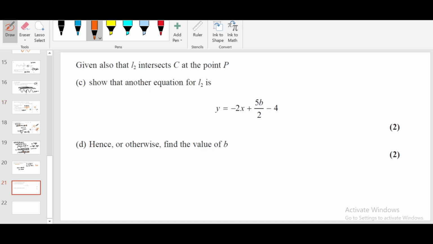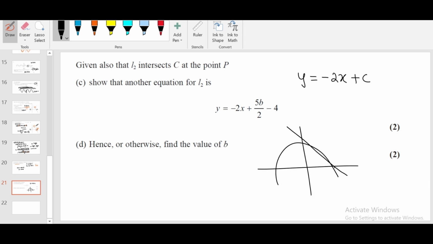Okay. They want us to write the equation of L2 in this form. We have the equation of L2 as minus 2x plus c initially, and we used the point where the line intersects the x-axis, b comma 0. Instead of this point, you can use the point P. We got the coordinates of P in part A, I guess: b minus 2 comma b over 2.